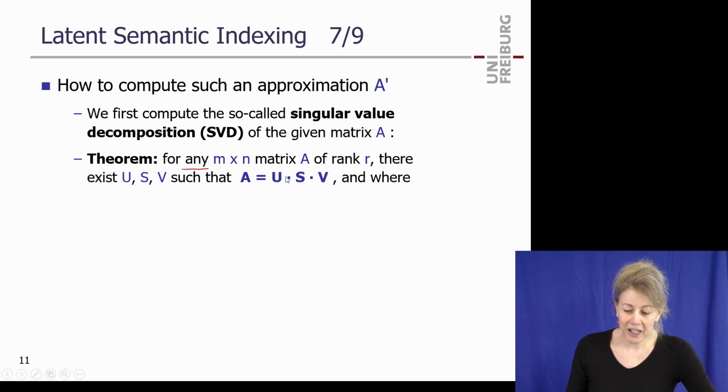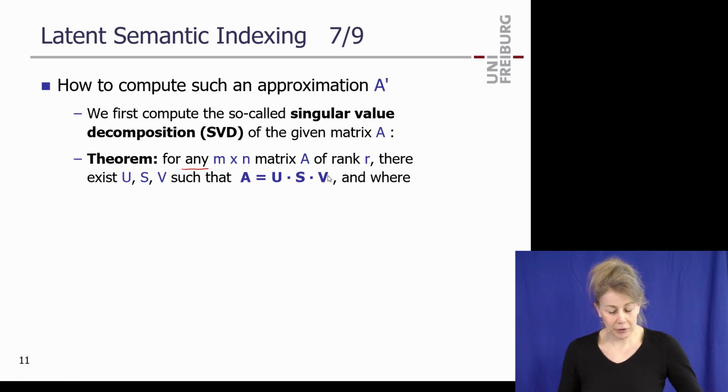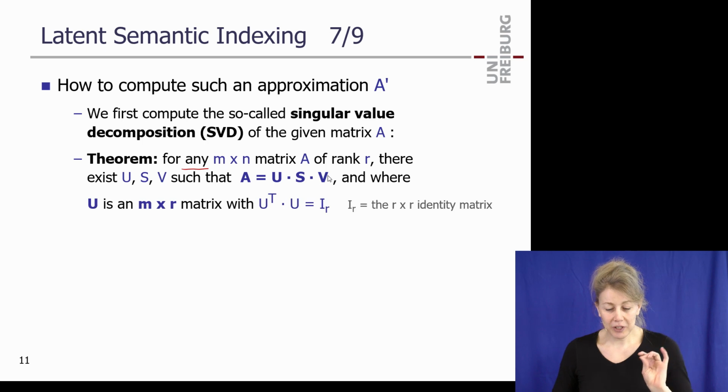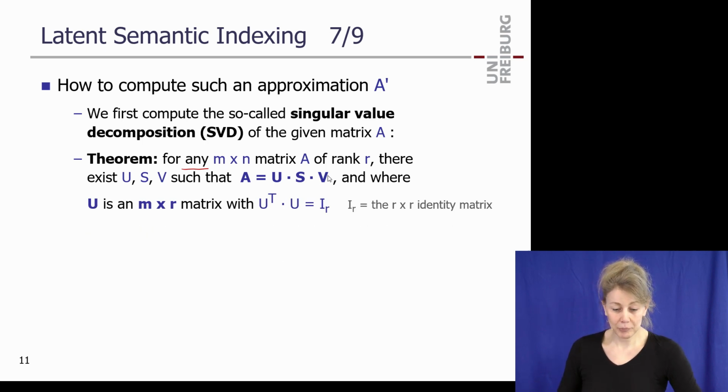You have 3 matrices so that you can write that matrix, and it's also not a square matrix or anything, any matrix. Really any matrix, so that you can write A as the product of 3 matrices. And right now we have no idea why 3 and why that is good. The 3 matrices have the following properties.